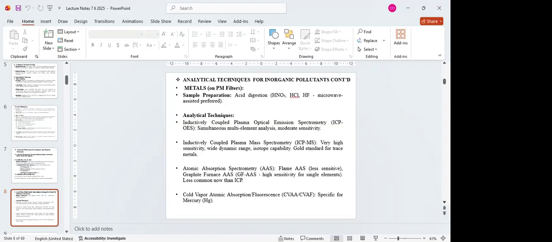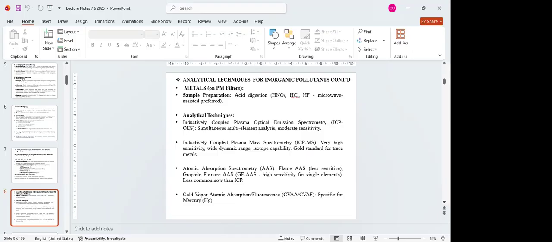So for the inorganic pollutants, we are still looking at the sampling. Acid digestion is carried out, because when you are able to digest, you'll be able to exclude the unwanted material that we are not interested in.